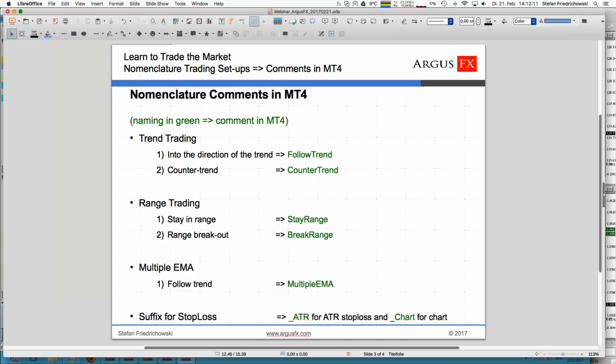So, for example, if we would enter a trade with our new setup, multiple EMA, then it depends simply on the stop loss setting, ATR or chart, and that will be the suffix for the trade within our comment field for the MT4 order placement.